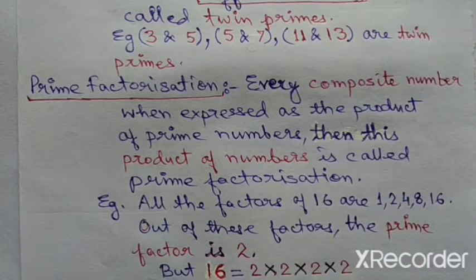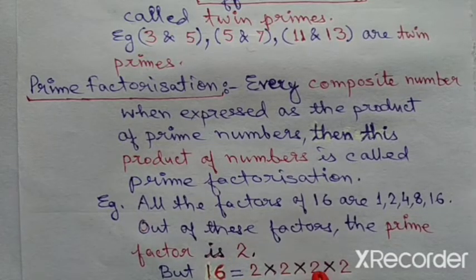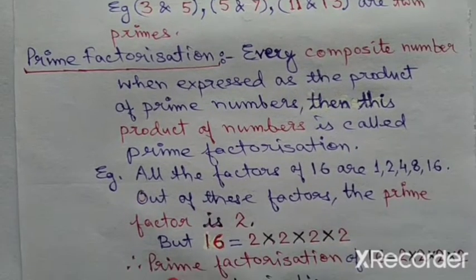But children, we know that 16 is equal to how many 2s do we have to write? 2 into 2 into 2 into 2, that is 4 times 2. So we can say the prime factorization of 16 is equal to 2 into 2 into 2 into 2. A very important concept, children. Try to understand the meaning of prime factorization.